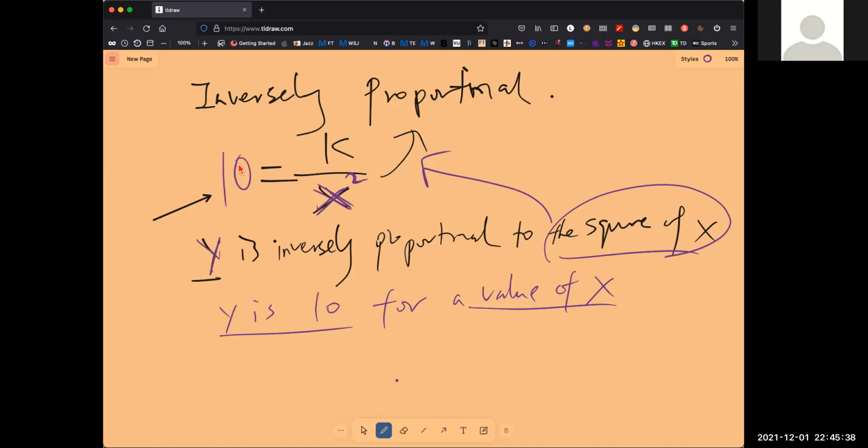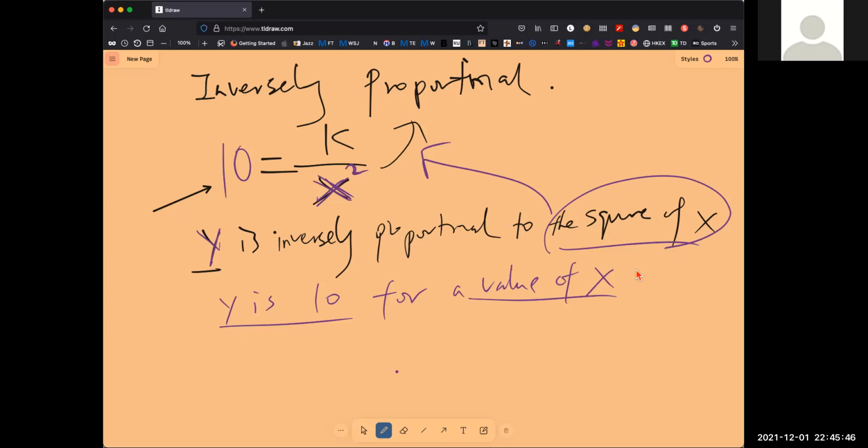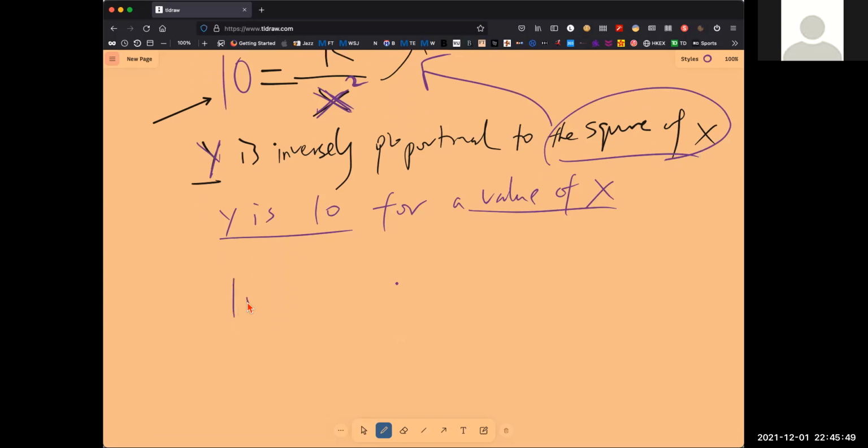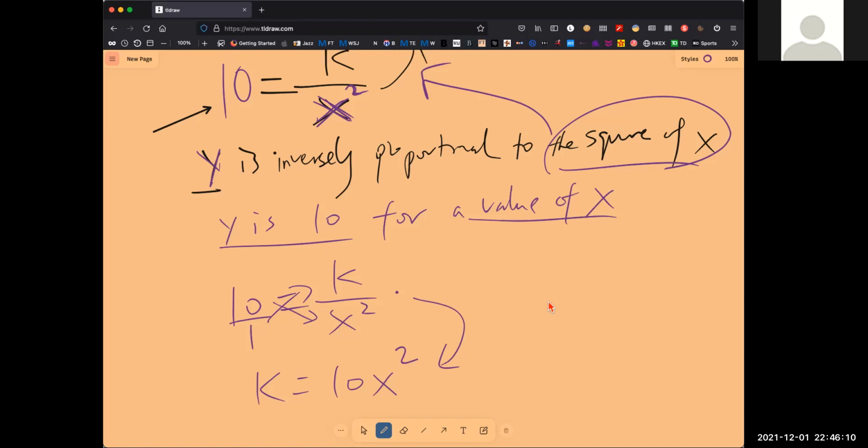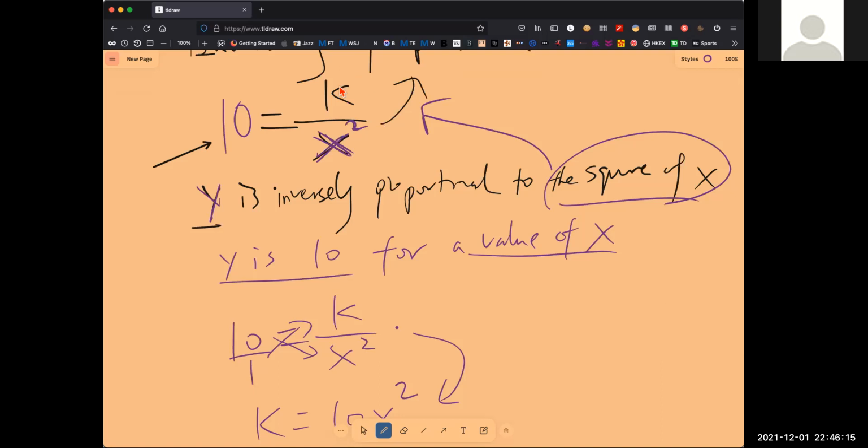So you just put 10 into y. If you put 10 into y, I hope you realize you will end up with 10 equals k over x squared. Then if you manipulate a bit, cross multiply, 10 is 10 over 1 by the way, you will get k equals 10x squared.